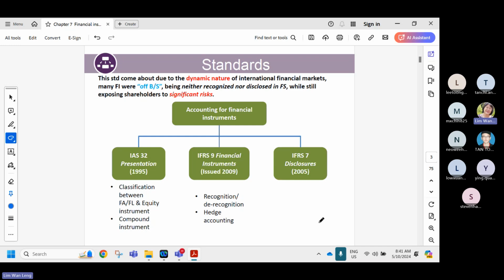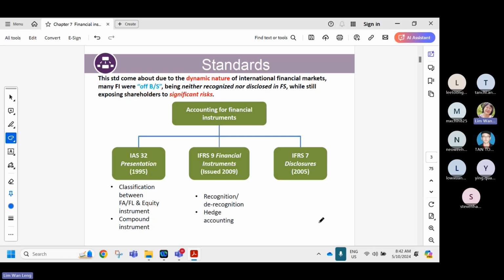So the question is, when I was a student, we did not have this particular financial instruments standard, because at that point in time there were no such business transactions. But in the current business landscape, there are many international financial markets and many ways for businesses to enter into transactions.